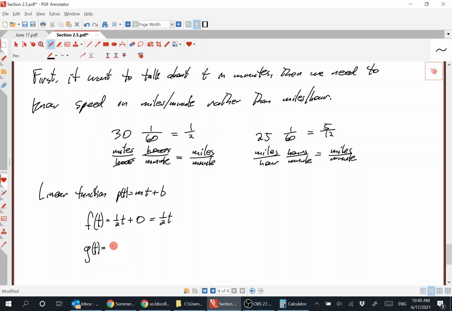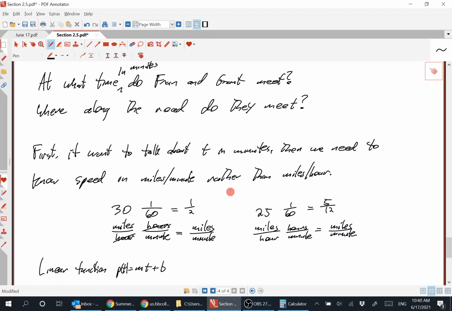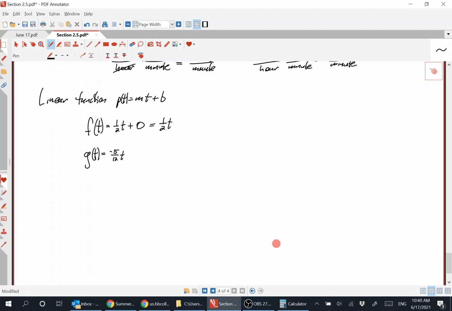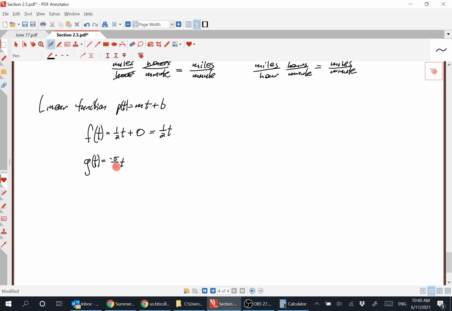So his rate of change of distance, his speed, is negative because his distance is starting out at 100 and going down. Fran's distance is starting out at 0 and going up. All right, so Grant's linear function is minus 5/12 t plus his initial condition.